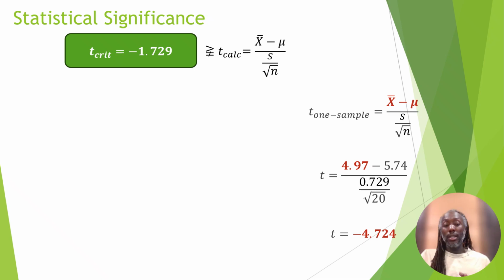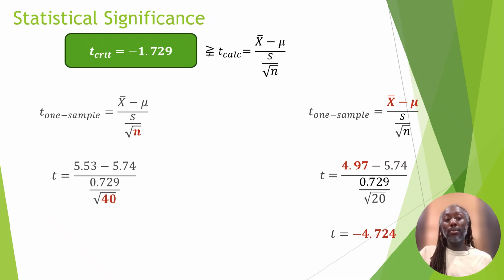This is part of the reason that it's important for you to think about effect size and not just statistical significance. For example, if we have the same sample and population means, and even the same standard deviation for our sample, but we had a larger sample size, so we've collected more data points that had the same mean, we could run our calculations again, and we would also find that the difference is statistically significant.